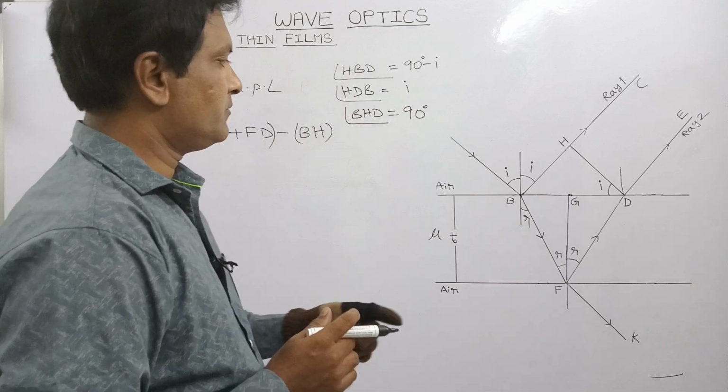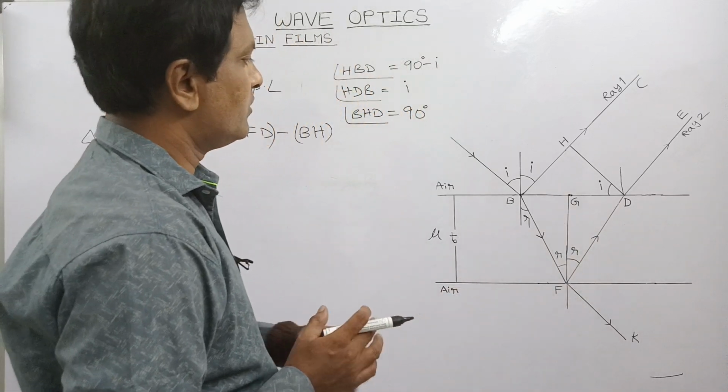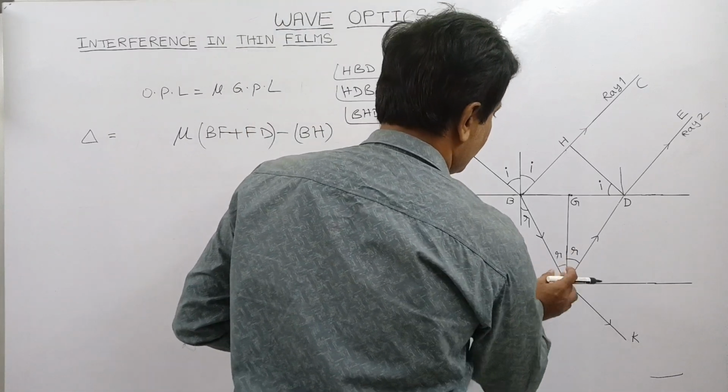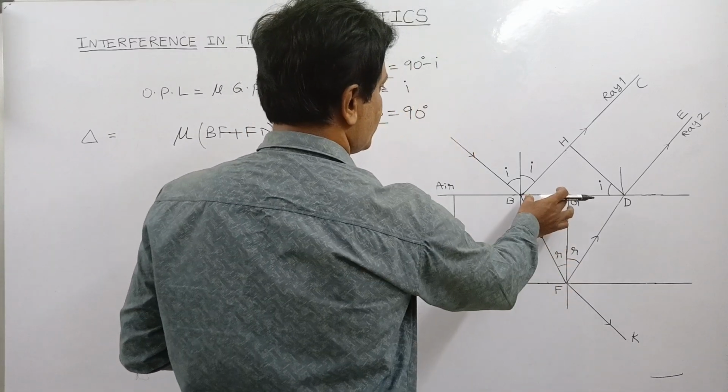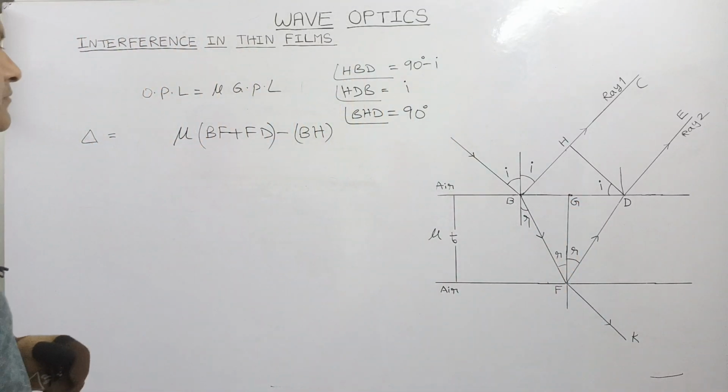So if you observe BF plus FD, if you take tan r here, what is tan r? Opposite side by adjacent side, right?